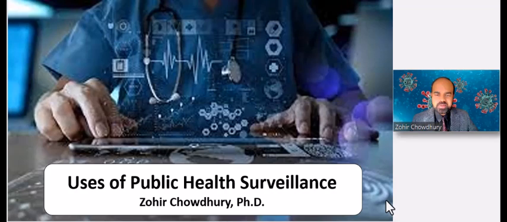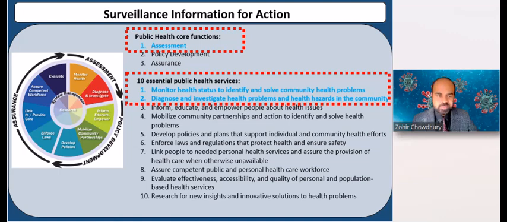Today, we'll focus on the uses of public health surveillance by going deeper into some of the specific aspects that surveillance is used for. So, surveillance is basically information for action, and this slide displays the three public health core functions: assessment, policy development, assurance, which you can see on the outside of the circle.